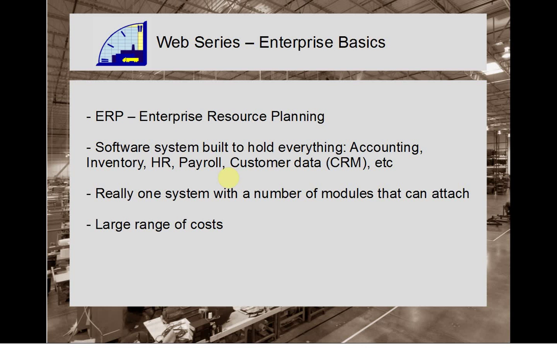Within these ERP products, one of the modules will be accounting, another part will be inventory. An ERP system will have warehouse management software within it, MRP software. You'll have information to track HR, payroll, customer data, CRM, and the list goes on and on. I recently heard of an ERP system that had 350 modules.